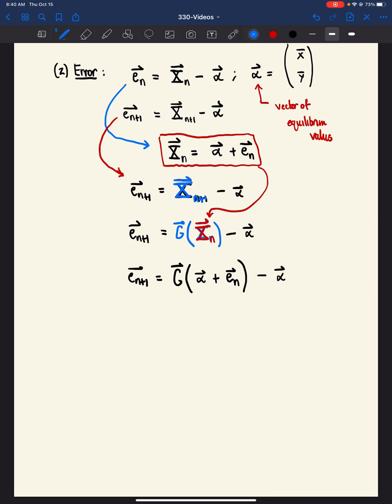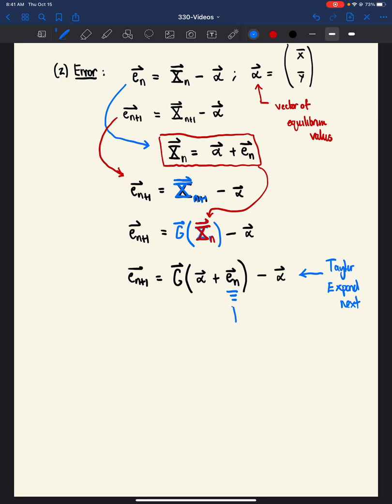And this is the statement that we're going to get to Taylor expand in a moment. And just so we're clear, the reason why is we're evaluating this vector function g at the equilibrium, but then we're not exactly evaluating at the equilibrium. We're some small distance away.